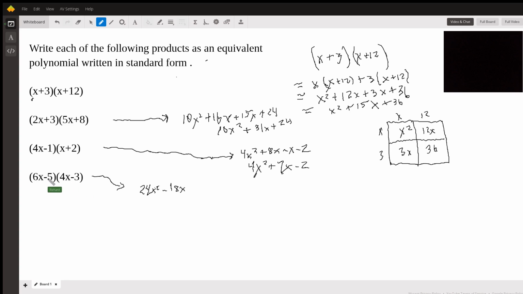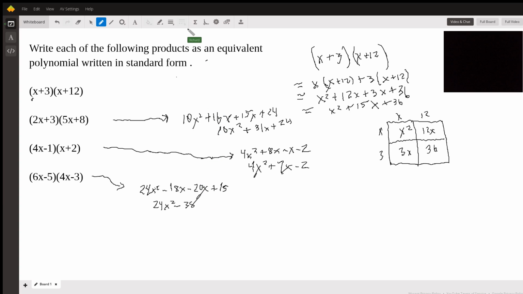Now I'm going to distribute the negative 5. Negative 5 times 4x is negative 20x. Then negative 5 times negative 3 is positive 15. And then that's it. Now we just combine like terms. So that's minus 38.